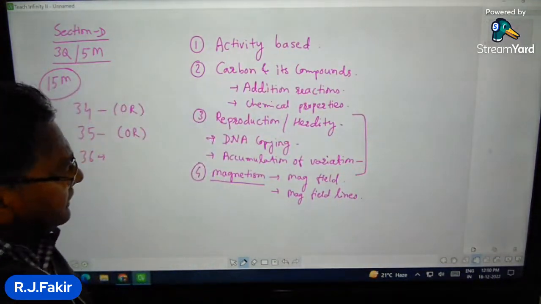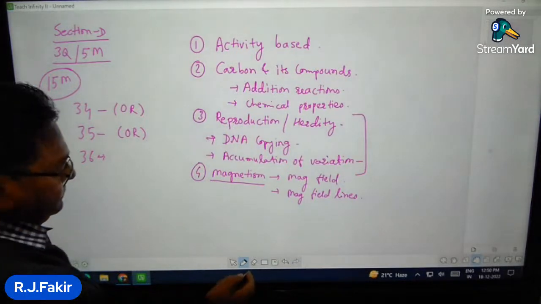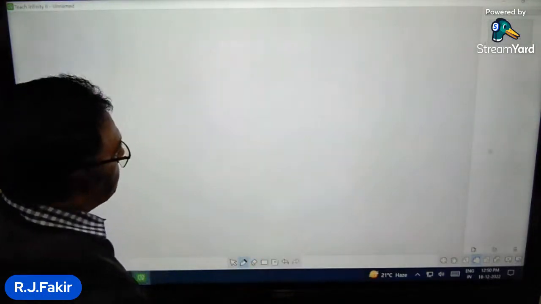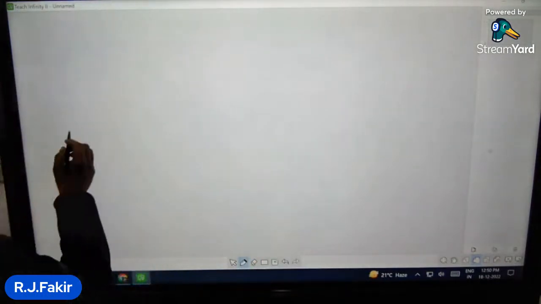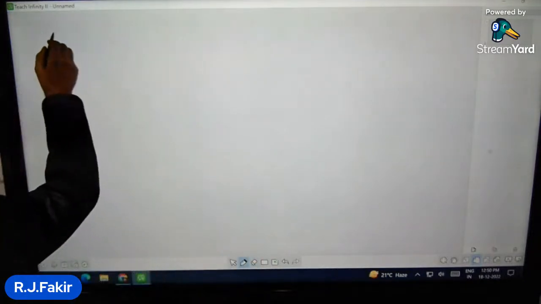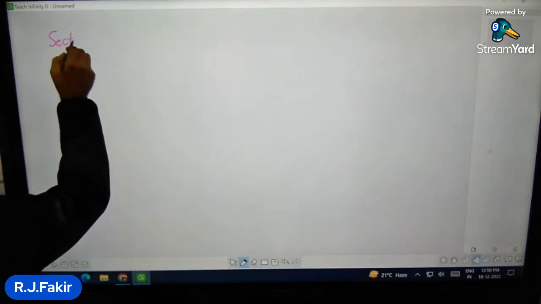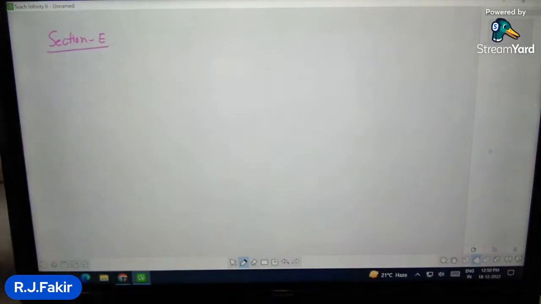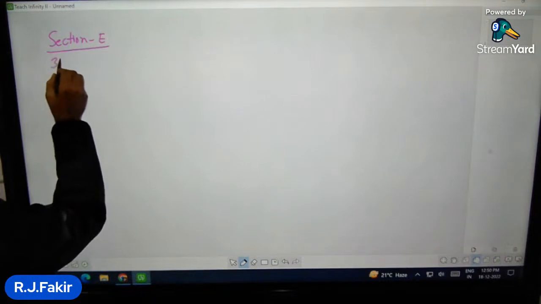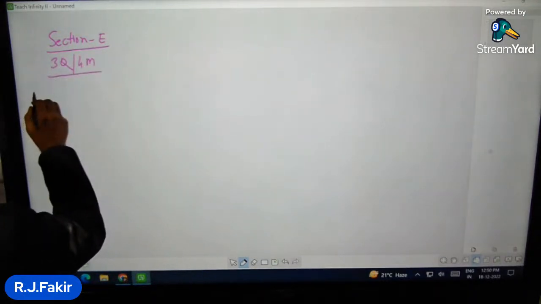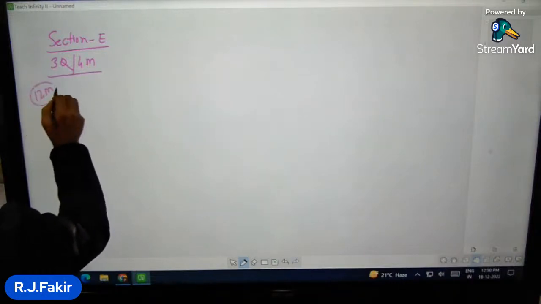Now comes section E. Section E has 3 questions of 4 marks each. That means total will be 12 marks weightage.